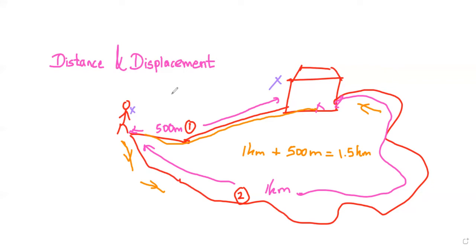The shortest distance between these 2 points is known as displacement. Some might think the 500 meters is the displacement, but actually it's not, because it has a bend. The shortest distance between the 2 points is going to be a straight line.